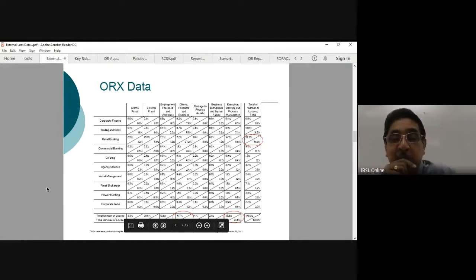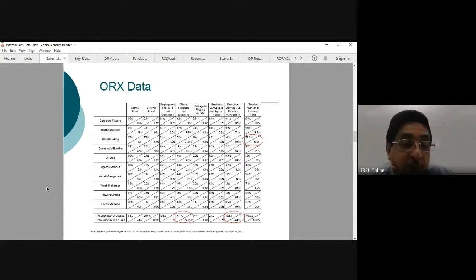Now, is it possible for you to analyze this database? Now you can just look at the bottom row. There you can see total number of losses and total amount of losses. Number they have given in the upper part, no? Yeah, total number of losses, upper part. Right. What does it say?